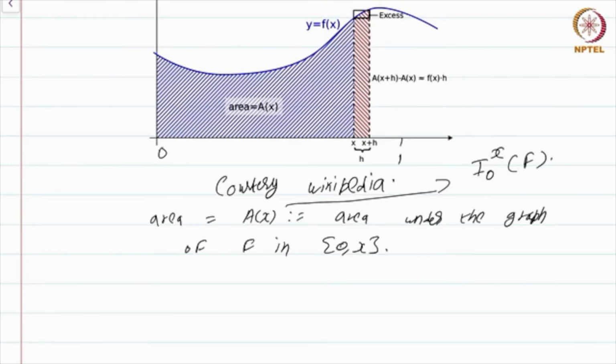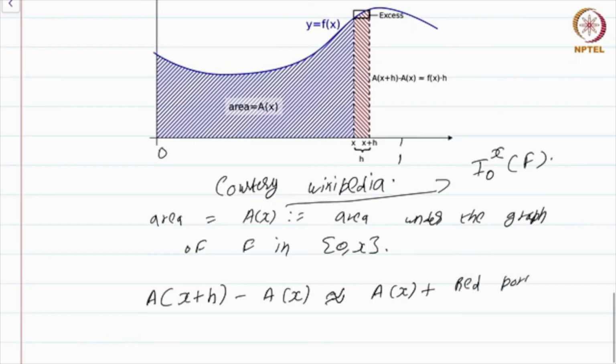Now notice that if you want to compute A of x plus h minus A of x, which is what we were interested in, what you can do is take A of x plus h as A of x plus that red portion.